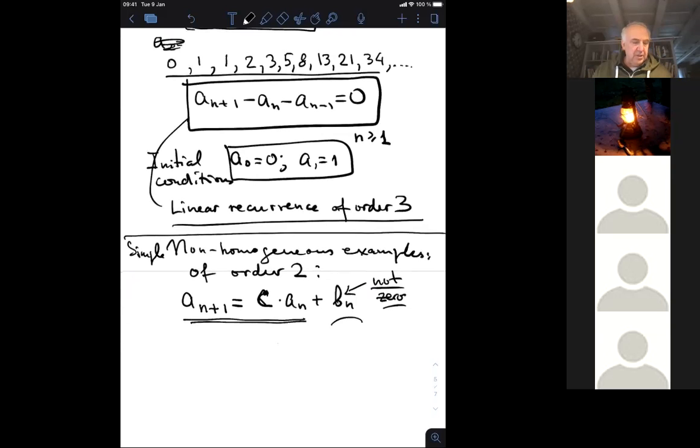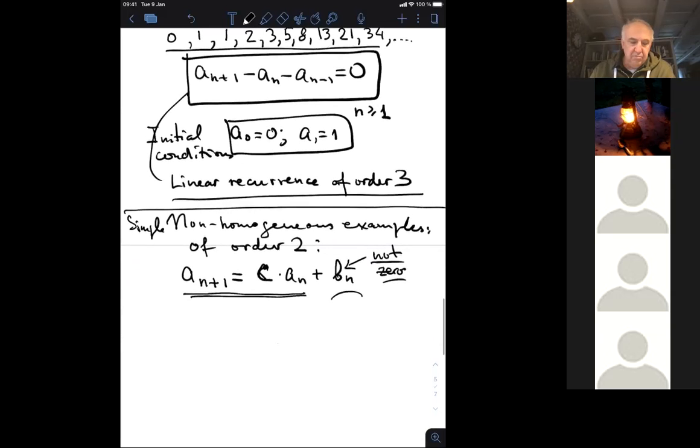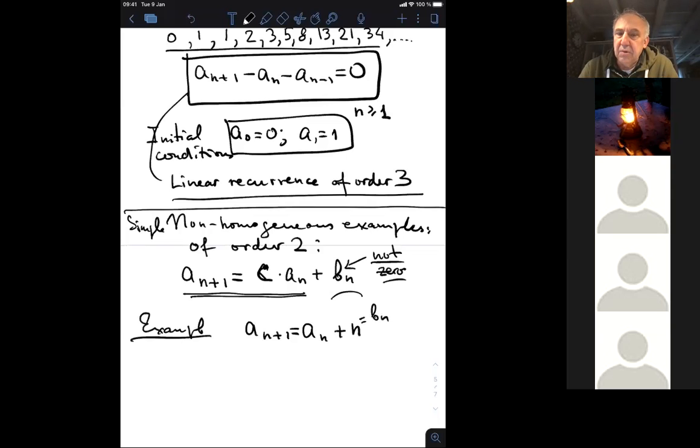Let's consider one nice example, which is kind of motivated by practice. So I'll be talking about the following example: a n plus 1 equals the previous guy a n plus n. So bn would be a variable number equal to n.